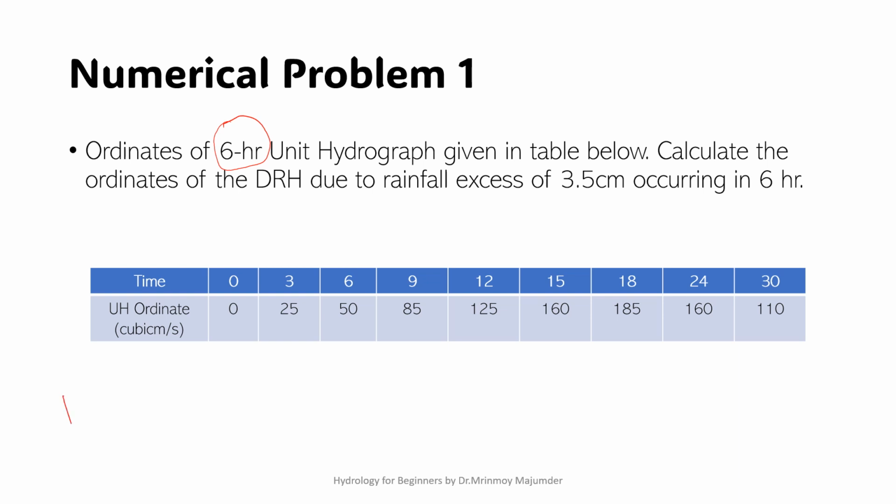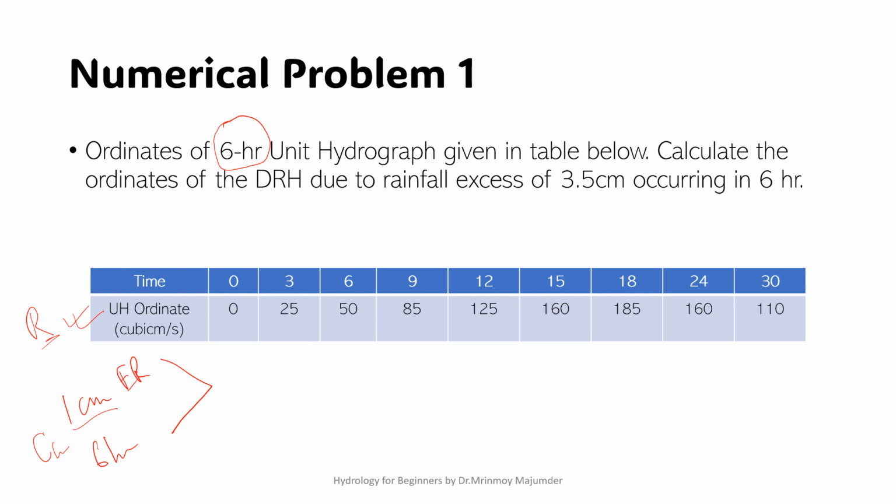So 1 centimeter excess rainfall for 6-hour duration, and the impact of this is these unit hydrograph ordinates, 0 to 25 and so on, in cubic meter per second. So this is the result, this is the cause. Right, this is the cause, this is the effect. You can also say that.